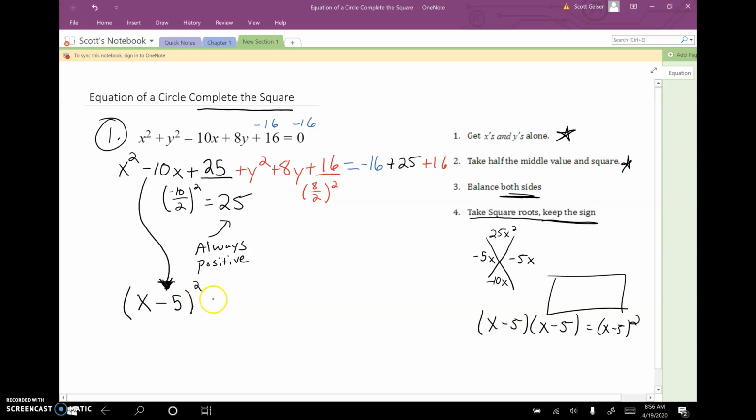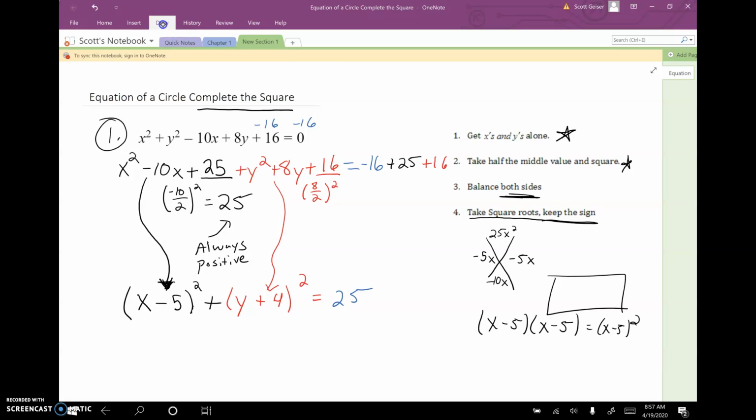Okay, make sure you keep that square in there. Plus, it's always plus in between. And I would have now, using the red, the square root of y squared is y. I'm going to bring the sign down. That middle sign. So plus, the square root of 16 is 4 squared equals, then I would have, do the math here, negative 16 plus 16, that's 0, plus 25 equals 25.